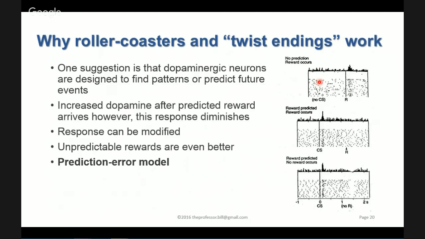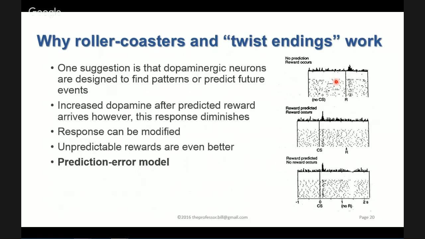So we get a little blip of firing here, some more here. We don't get many in this sort of empty region. And one of the things that he was looking at was looking in the dopaminergic neuron of a primate brain and seeing how does this dopaminergic neuron that normally responds to food, how does it actually fire? It sounds like a really simple experiment, but it's actually a profound experiment in many ways.